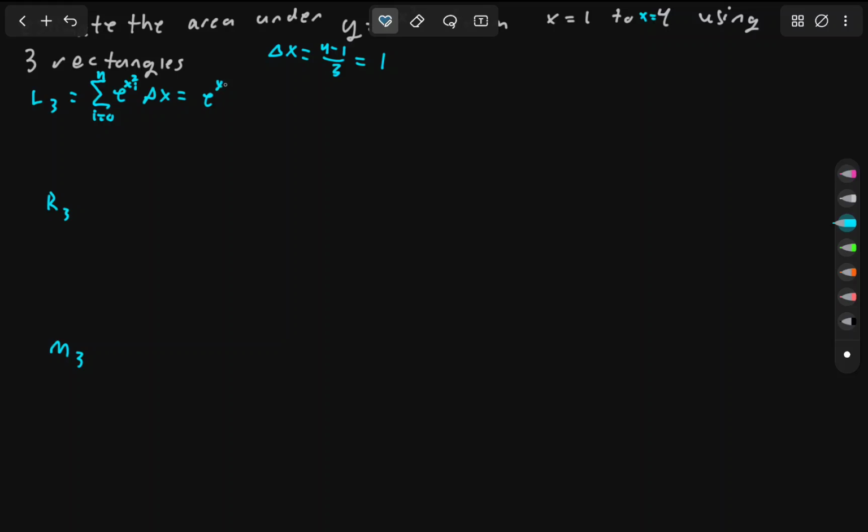So expanding this out, we are going to get e to the x of 0 squared, plus e to the x of 1 squared, and then finally we stop with x of, oh sorry, there should be an n minus 1 here, so that should evaluate to x of 2.